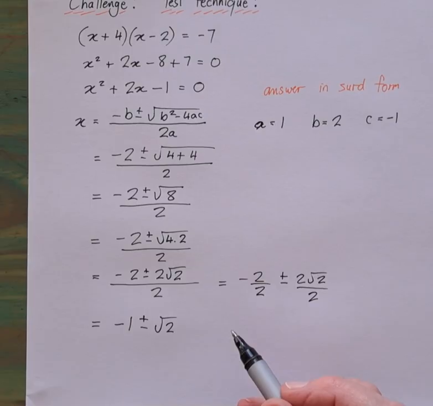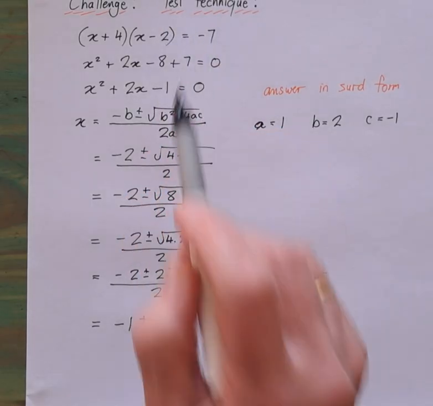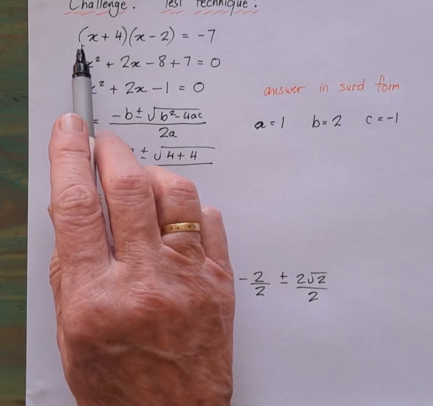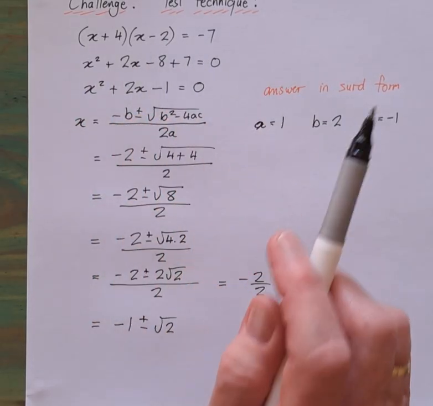So the other thing you could have looked at the beginning with this question, there's lots of little clues for test technique that you can look at. If you saw that question and your first impression was, oh, it's so easy, look at the mark allocation.